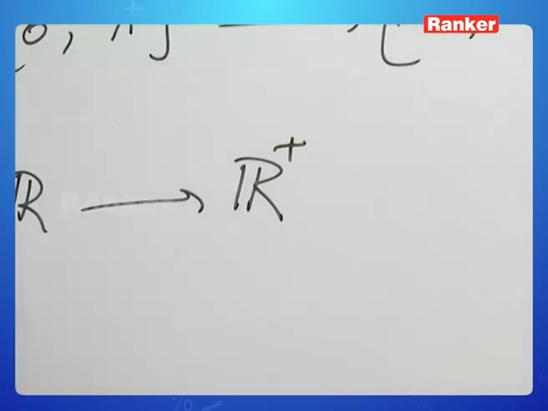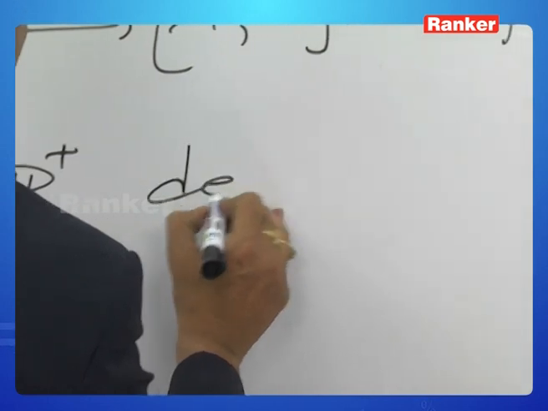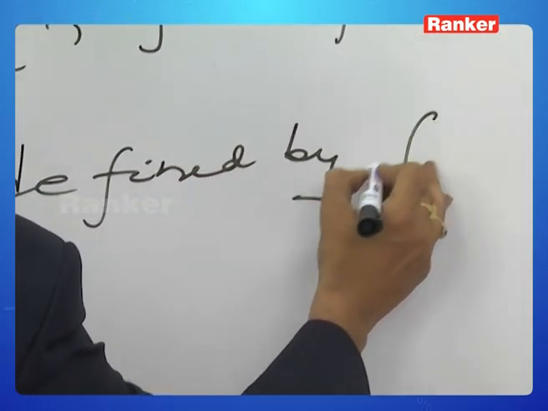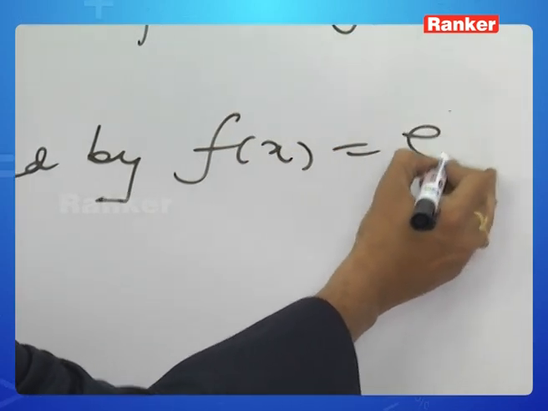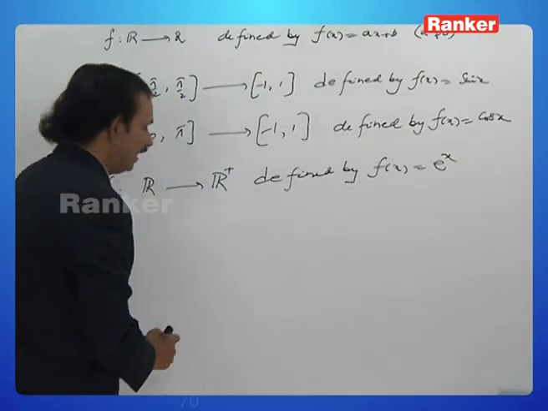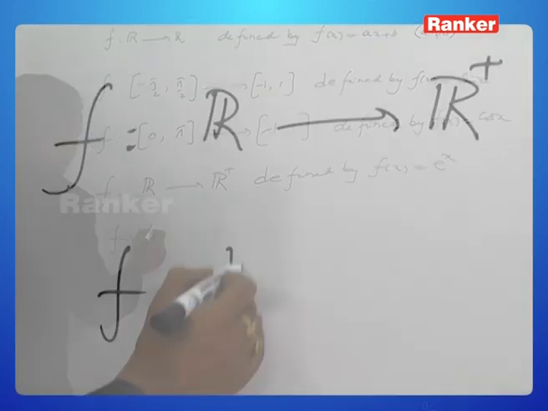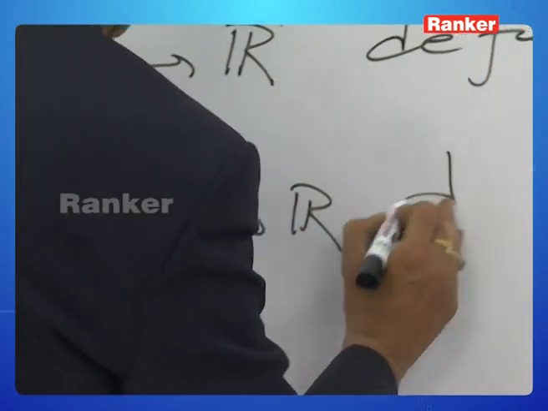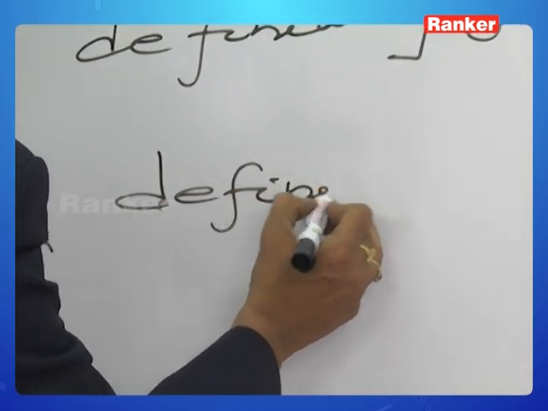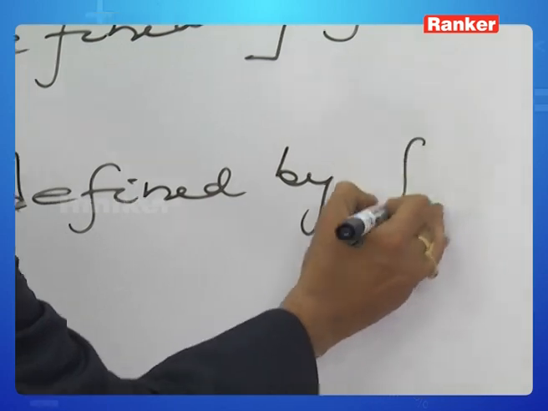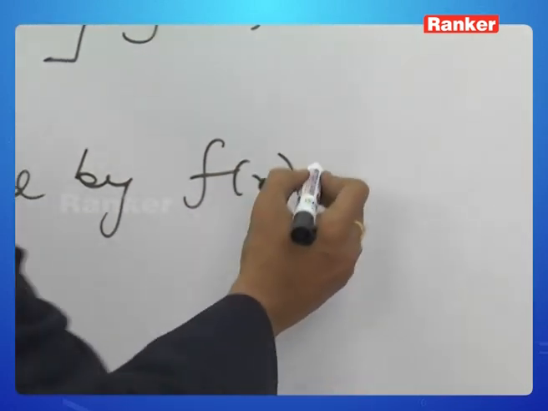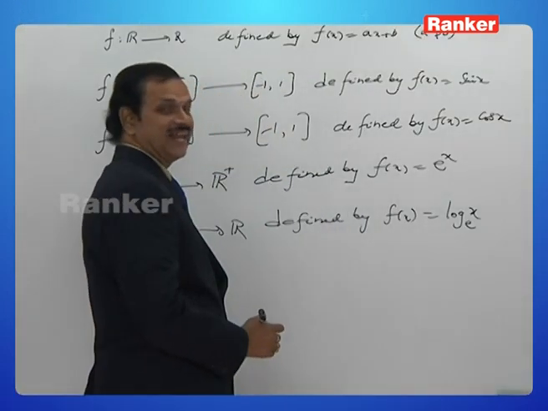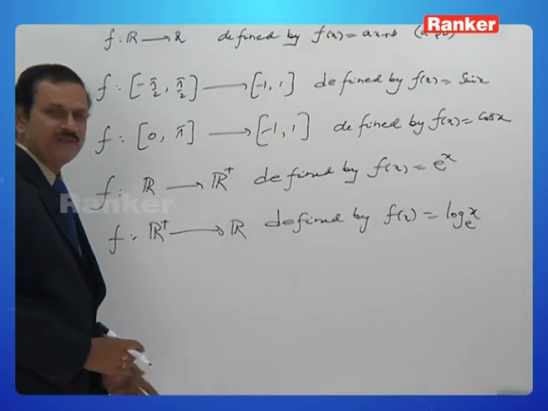Set of all positive reals, defined by f(x) = e^x is a bijection. f from R plus, the set of positive numbers, to R defined by f(x) = log x, that is ln x, of course. These are the familiar bijections.